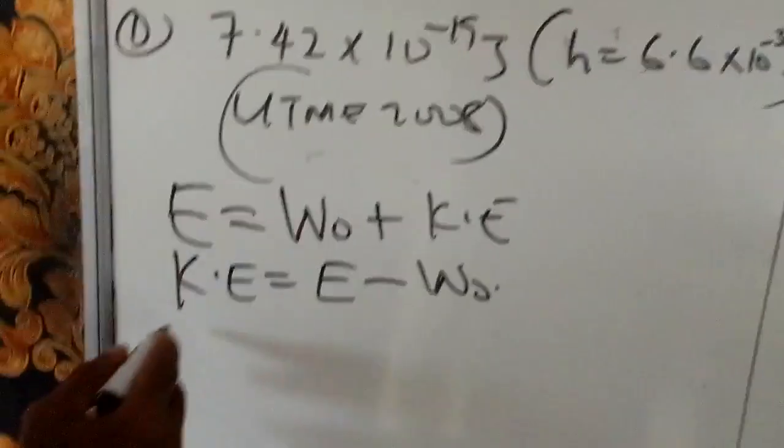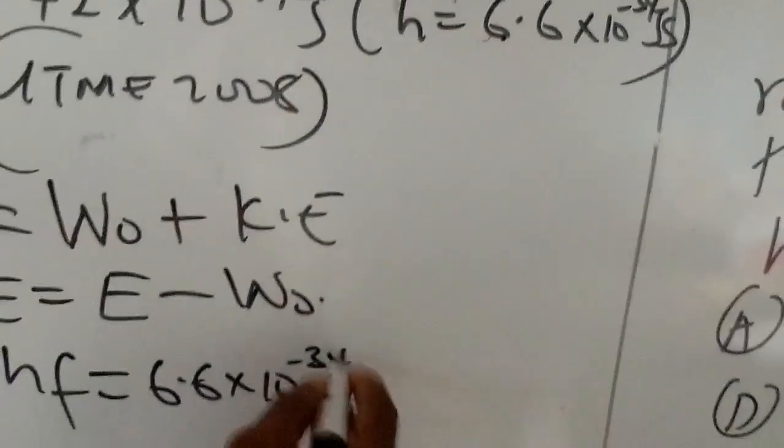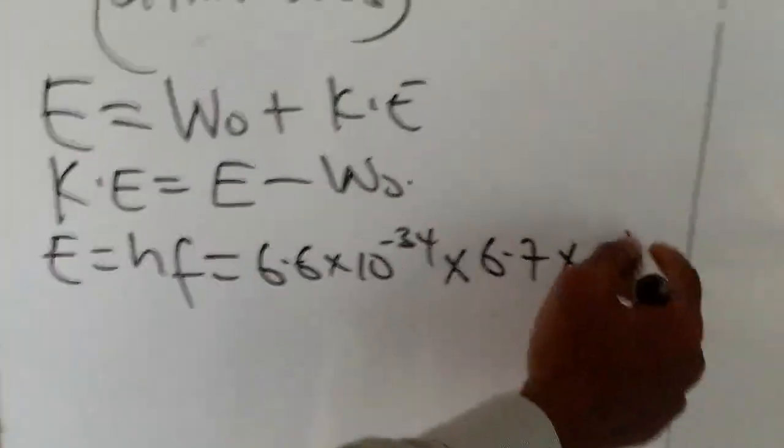So we need to find the energy of the photons. Energy of photon is given by Planck constant times frequency. The Planck constant is 6.6 power minus 34, and the frequency of the radiation is given to us as 6.7 to the power 14. So apply these two together.